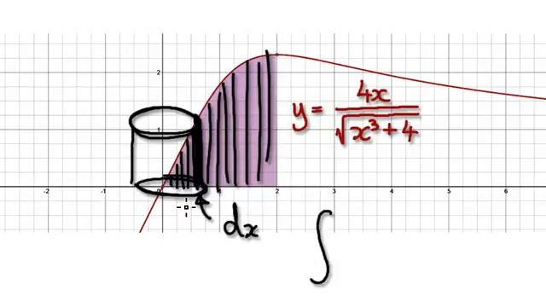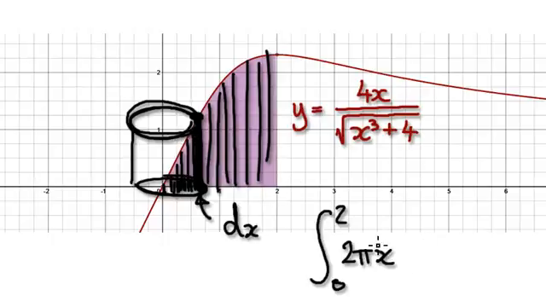Really, we are summing up all the cylinders from 0 to 2, and the circumference of this will be 2 pi r. But remember, x is moving along here, so the radius happens to be wherever x may be. So the radius here will be x.